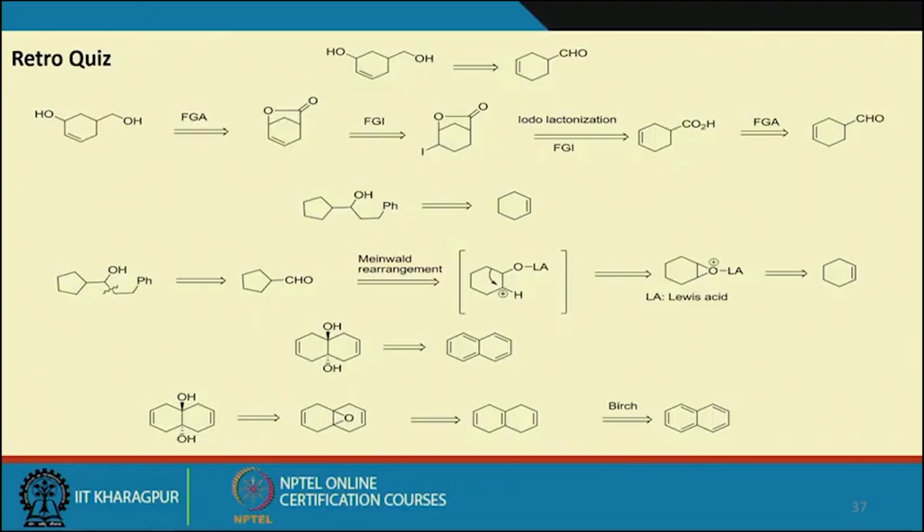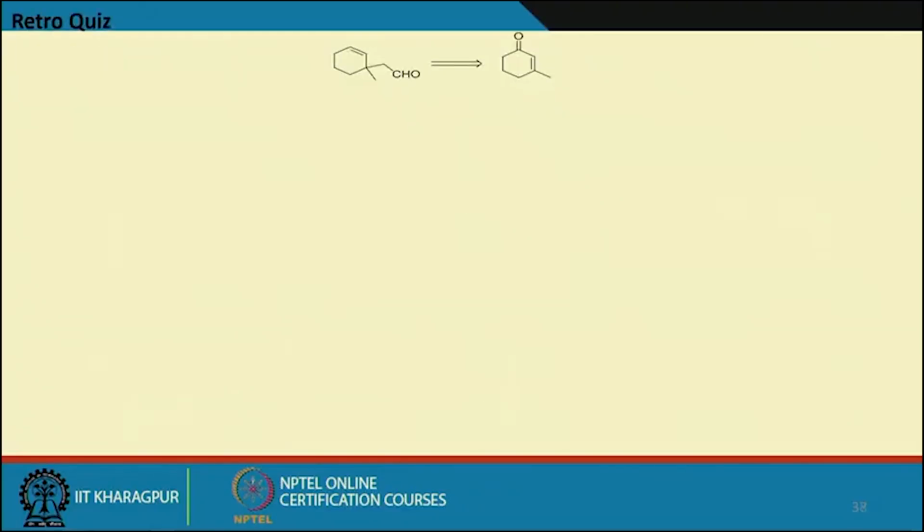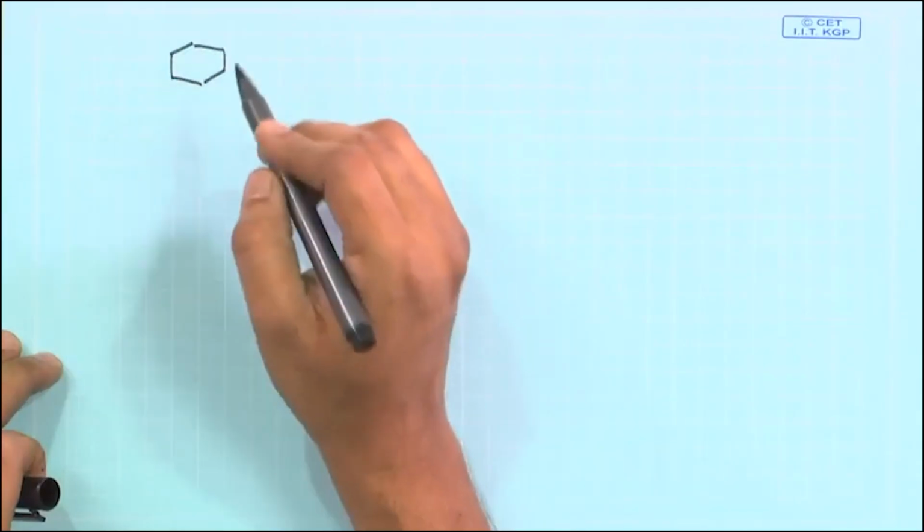Okay. Next we will try to figure out a little bit more complex system. Let us figure out the structure.